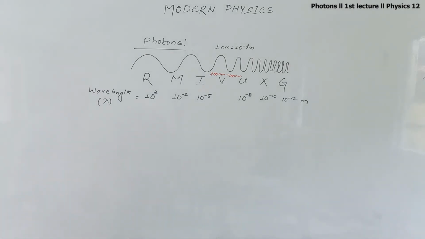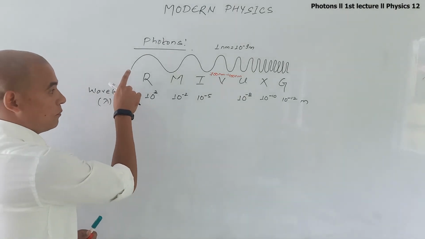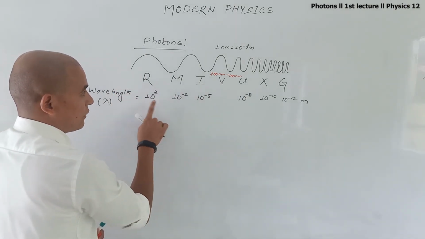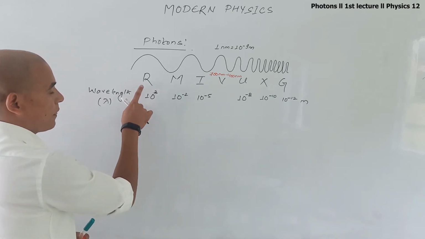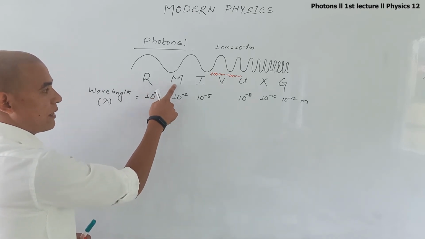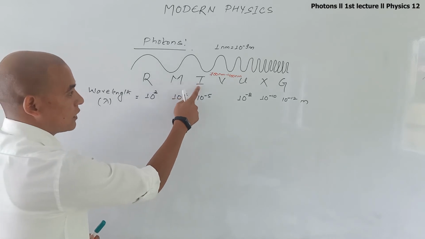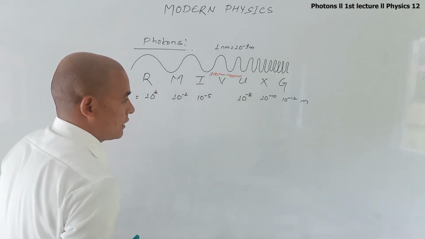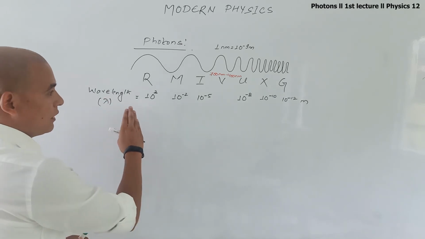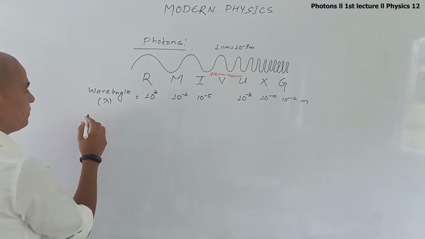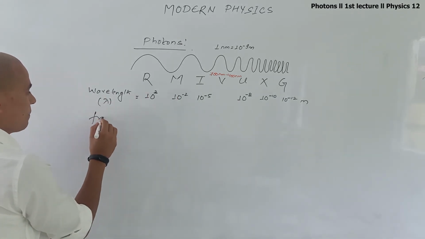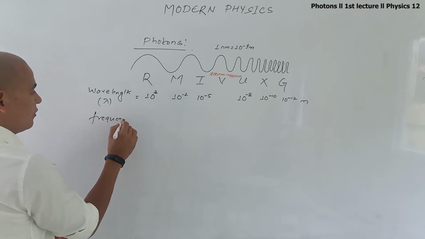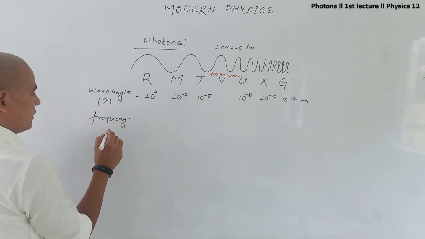So if we move from left to right, the wavelength decreases. The wavelength of radio wave is more than microwave, and microwave is more than infrared. And if we move from left to right, frequency increases.